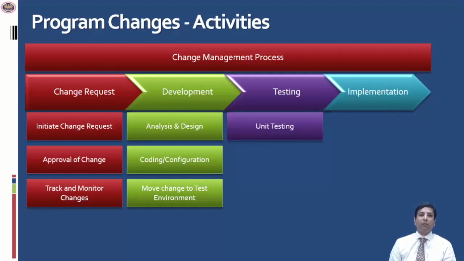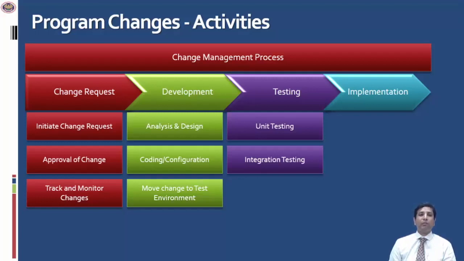Unit testing is done by the developer so that the change which is developed is tested independently to meet the objectives for which it was initiated. Integration testing can be done sometimes when the change impacts multiple areas of business.